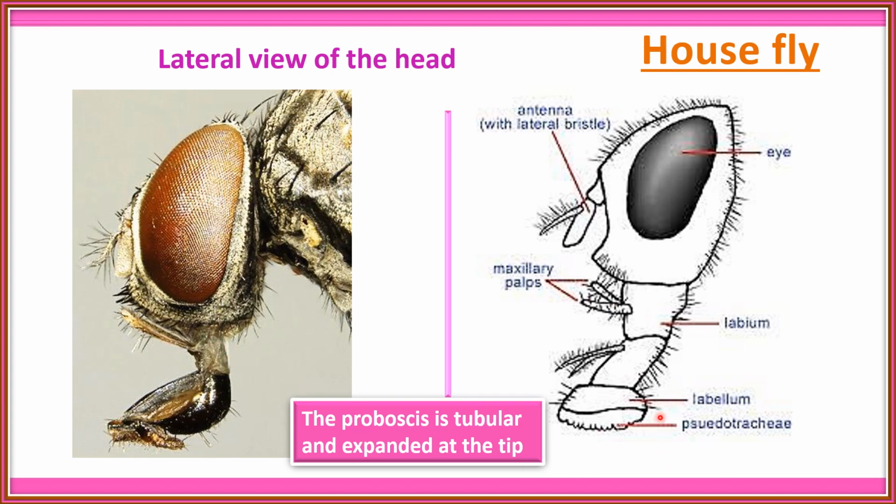You can see the labellum, this part here, and pseudotrachea here, and then we can also see the antennae on top of the head.